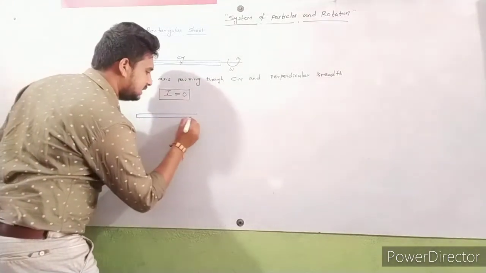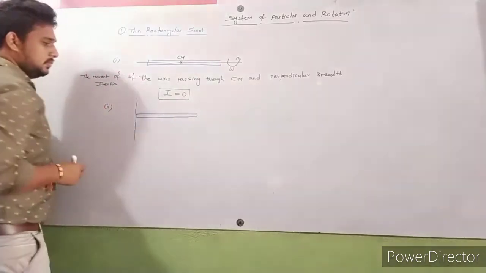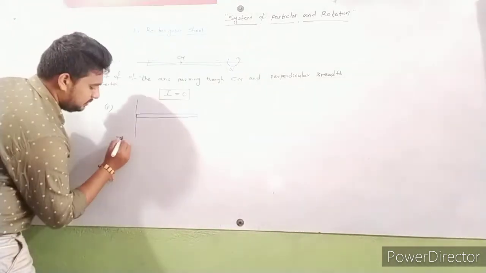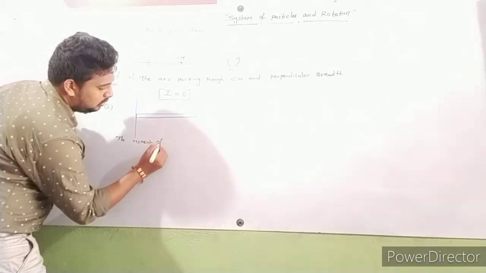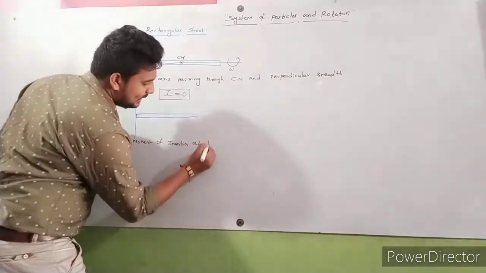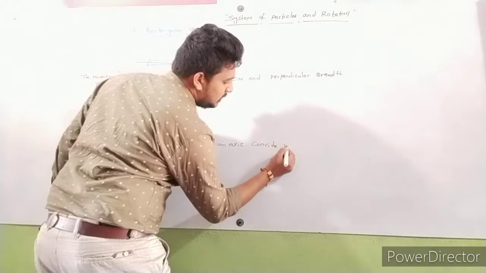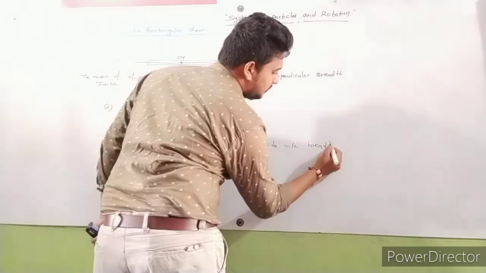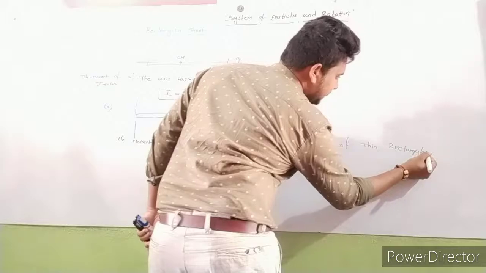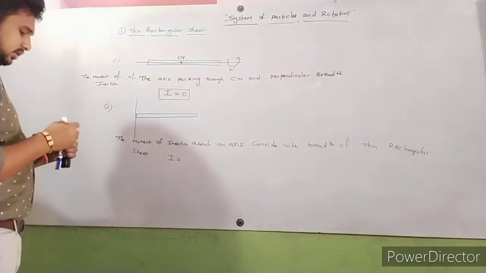So this is a thin rectangular sheet. That's why moment of inertia is equal to 0. So now the moment of inertia about an axis coinciding with the breadth of the thin rectangular sheet, I is equal to, so this is rotated like this.